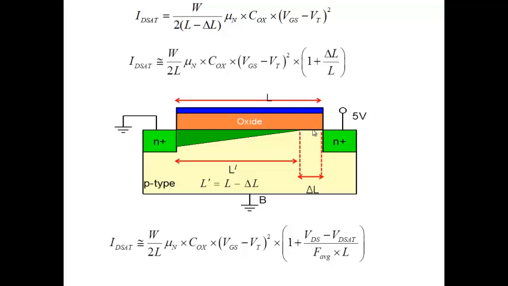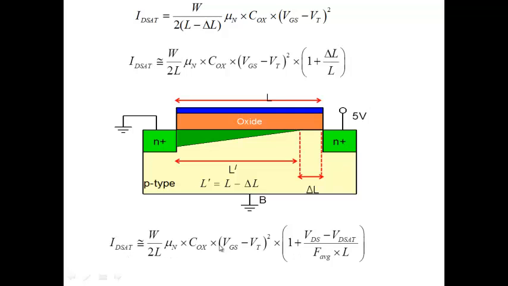The field is going to vary in this region, but because it's very small, as a first order approximation, assume that there is some average field in that region. So the simplest that you could say is, the field is some average, and therefore this delta L will be equal to the voltage dropped, which is VDS minus VD sat, divided by the average field here.